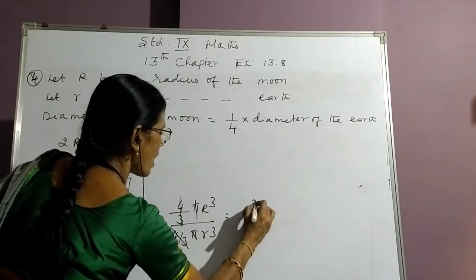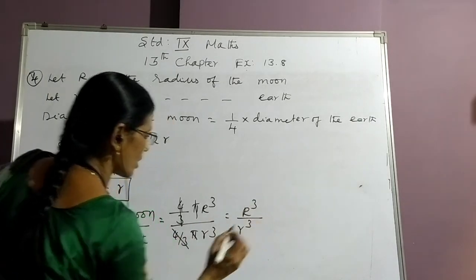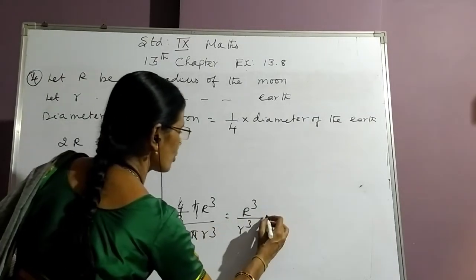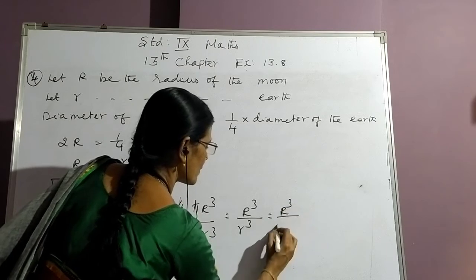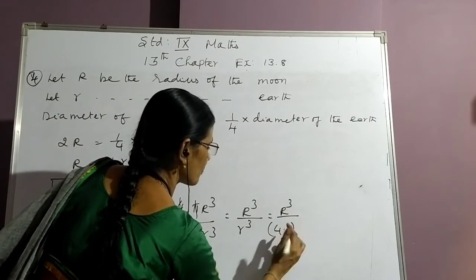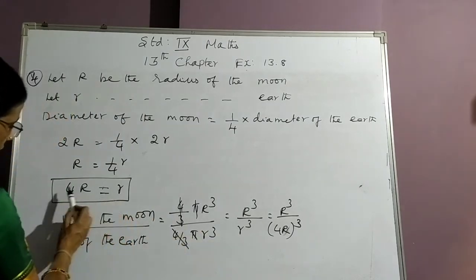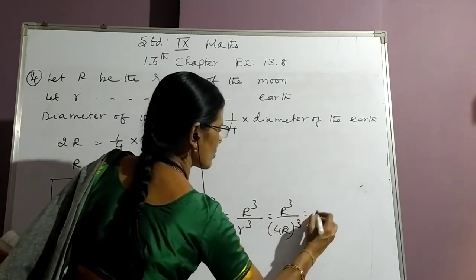It is big R cube upon small r cube. The small r can be substituted as 4 times big R, but it is cube. Therefore, here also we get cube. In the place of small r, 4 times capital R is substituted.